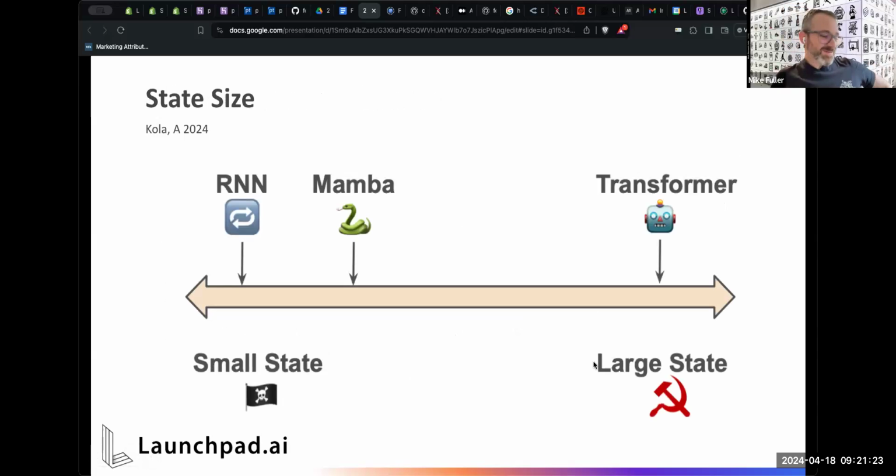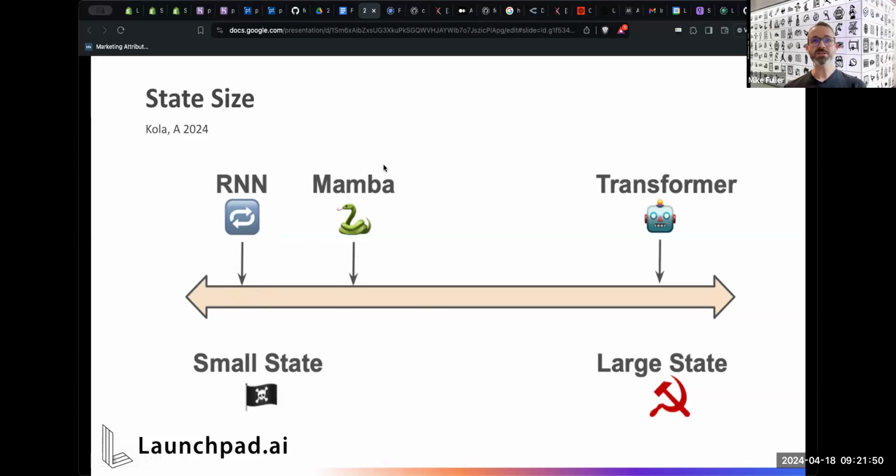This is quite a nice little analogy in this article, which is quite funny. If you think of it on the scale of a small state and a large state, you can think of traditional RNNs as anarchic. They have a small minimized state, but the size of the state is bounded and they have very little resources, so it's like an anarchic state.